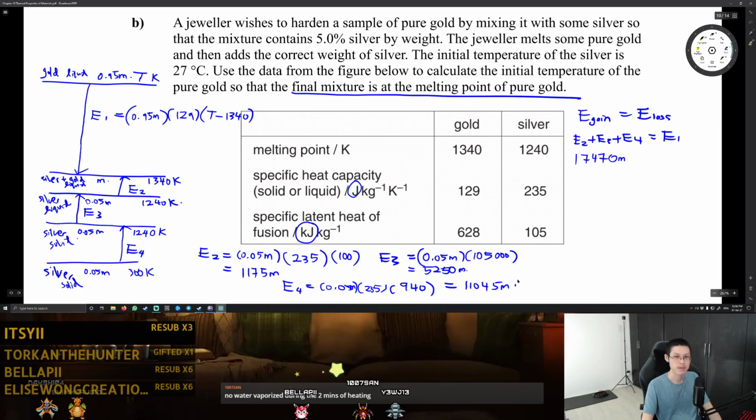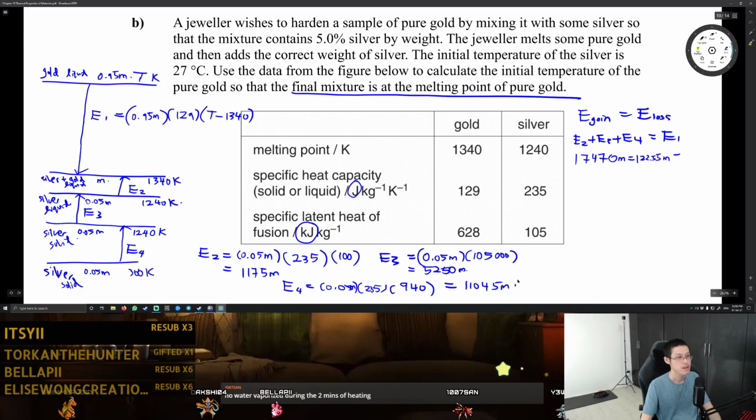That's going to be 17470 M equals to E1, which is 0.95 times 129. We get 122.55 M minus 0.95 times 129 times 1340, which is 164217.